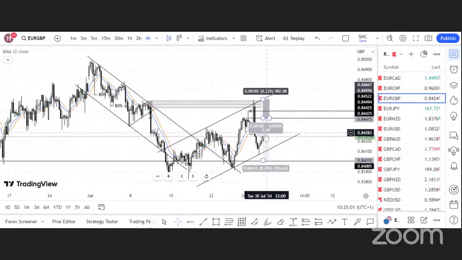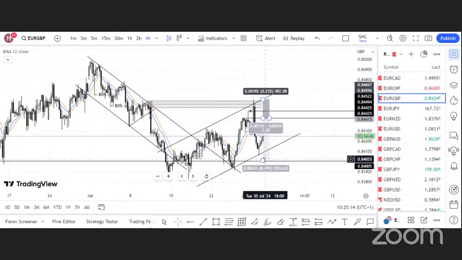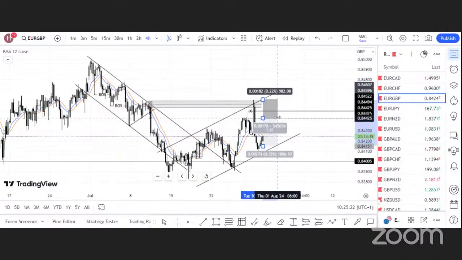So what I'm expecting the market to do here is a correctional phase to this level. And once the correctional phase is over, I expect the market to sell down to at least this level. Let me just use a round figure. So I expect to sell from here to the downside.